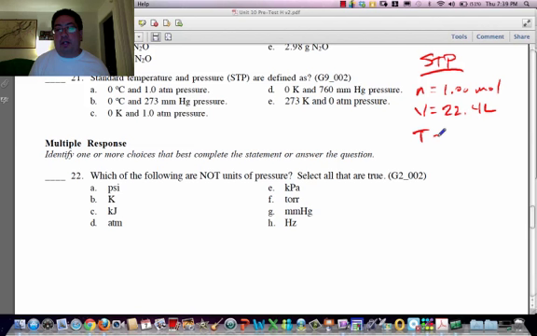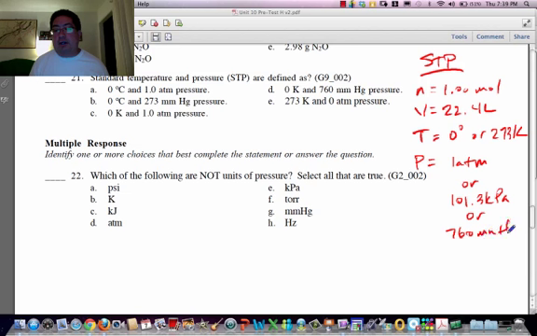The temperature is 0 degrees Celsius or 273 K. The pressure is 1 atmosphere or 101.3 kPa or 760 millimeters of mercury or 760 torr or 14.7 psi. This is what standard temperature and pressure conditions are for a gas. You need to know all that stuff.